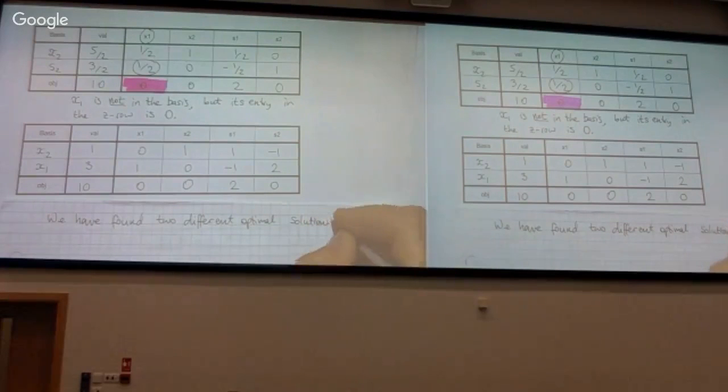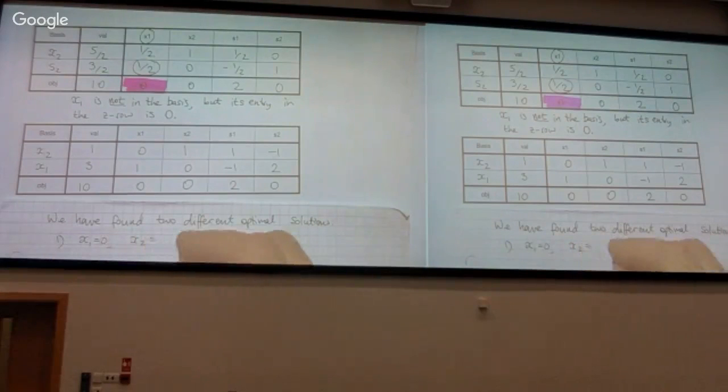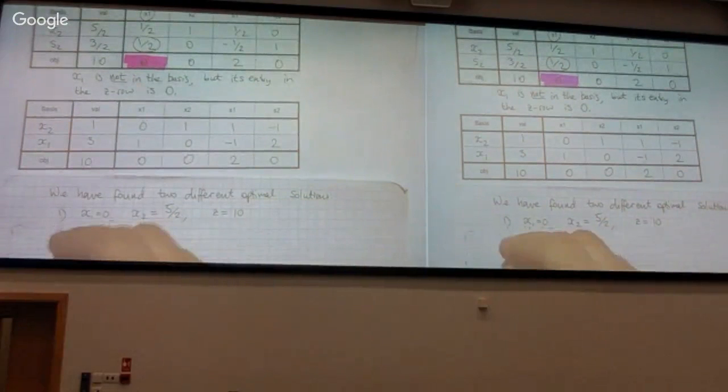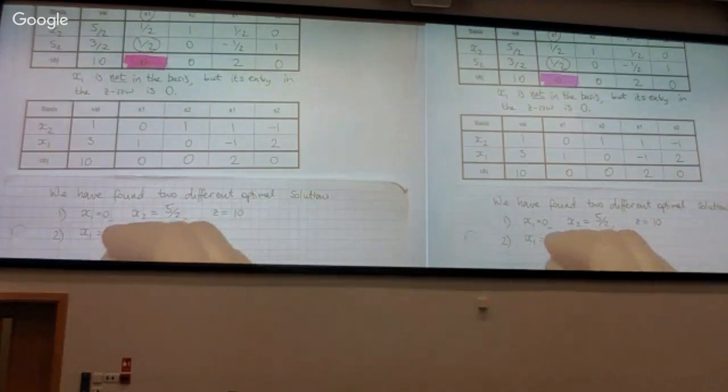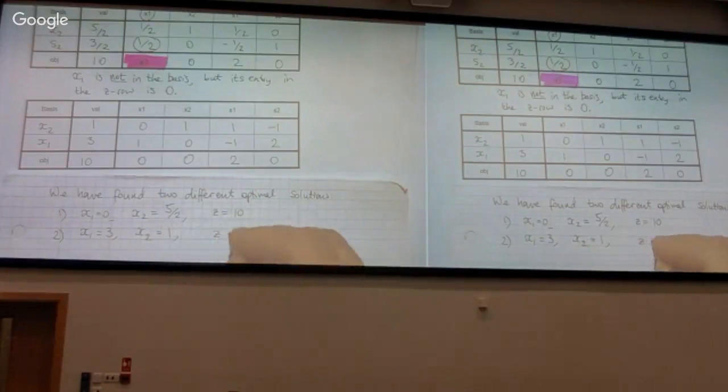The first one is x1 is 0 and x2 is 5/2, and the objective is 10. And in the second one, what did we have? x1 is 3, x2 is 1, and z is 10.